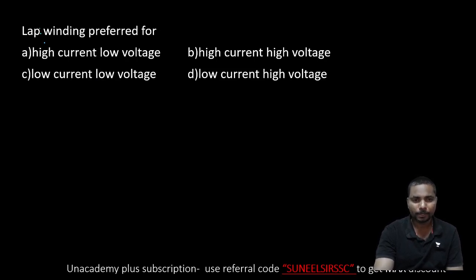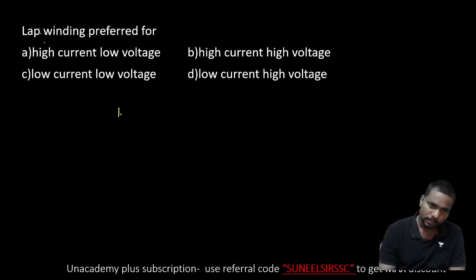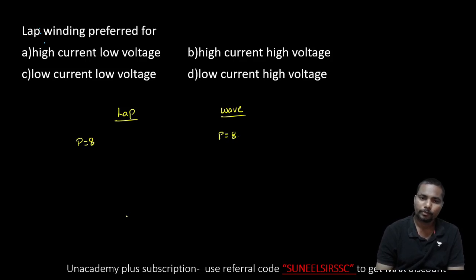Lap winding is preferred for dash. Here, these are very repeated questions: lap winding and wave winding preference. For lap winding, for example, let us take number of poles as 8. Number of parallel paths is equal to number of poles, that is 8 parallel paths.